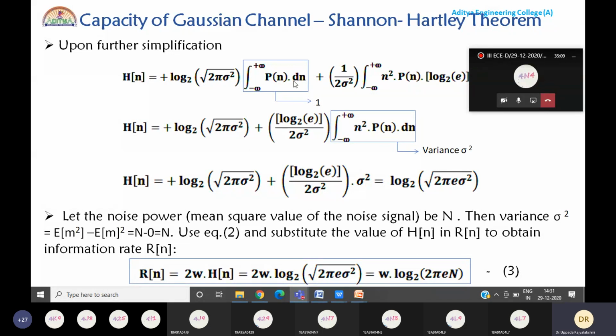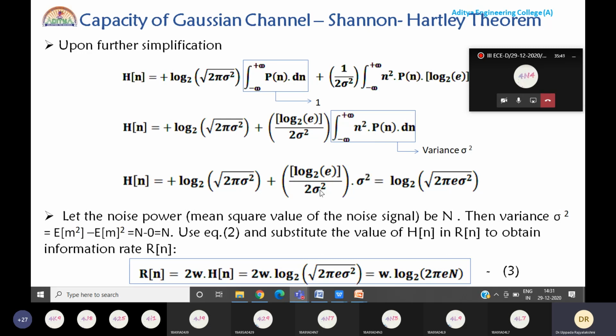Because here it is a noisy function, we can write it as p of n dn. Similarly, the integral from minus infinity to plus infinity of n square into p of n dn is sigma square. So log root 2 pi sigma square plus log e base 2 by 2 sigma square into the integral from minus infinity to plus infinity of n square p of n dn is some sigma square, because that is a variance.